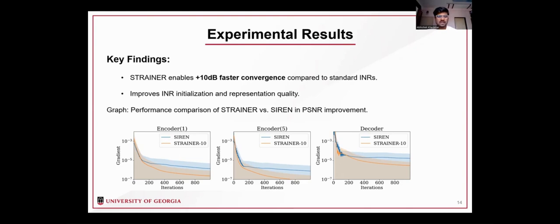This results in an approximate plus 10 dB improvement in PSNR at early stages of the training compared to the standard SIREN models. Rapid convergence means better quality results in fewer training iterations, making Strainer ideal for real time or resource constrained applications.